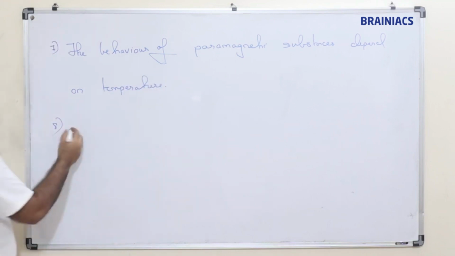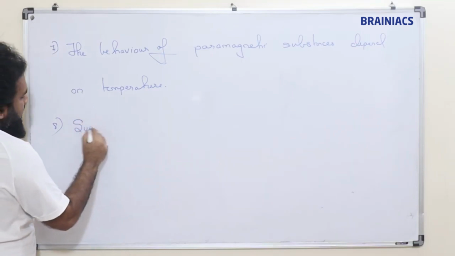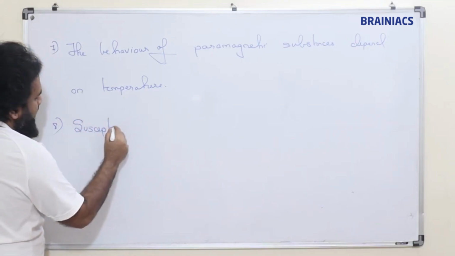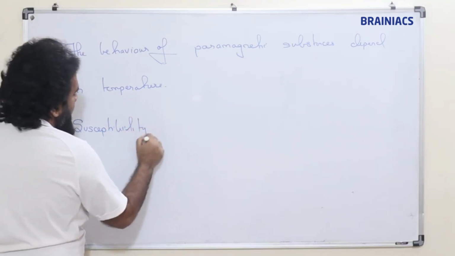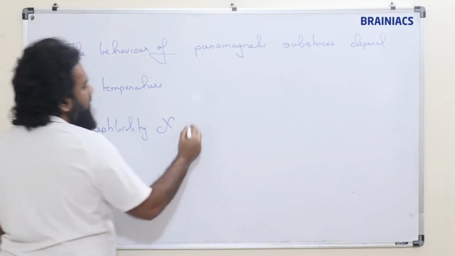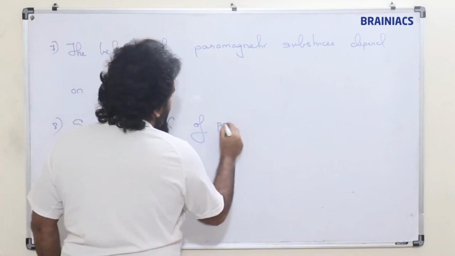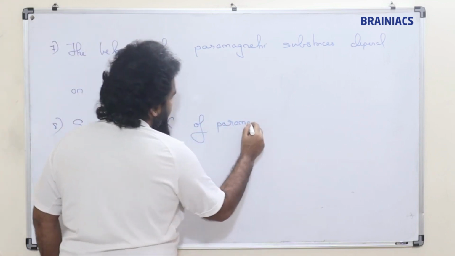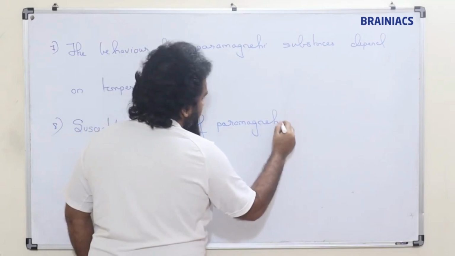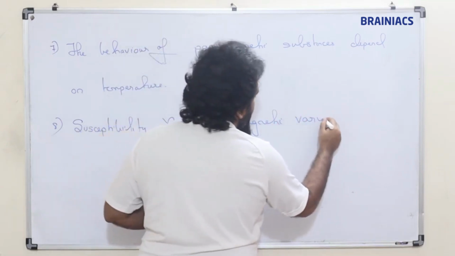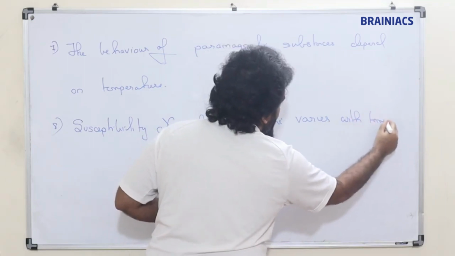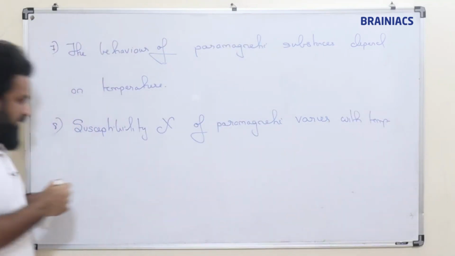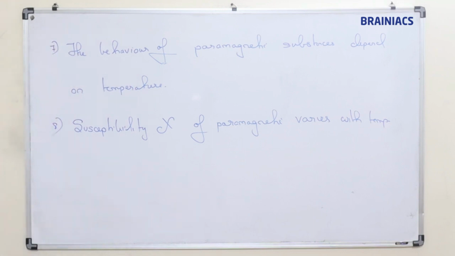Just because of this reason also, the susceptibility zeta of paramagnetic substances varies with temperature.